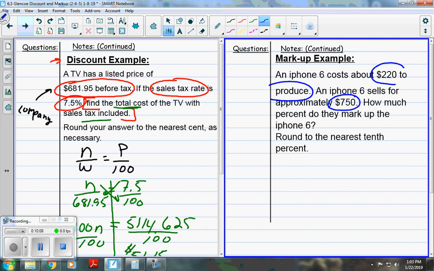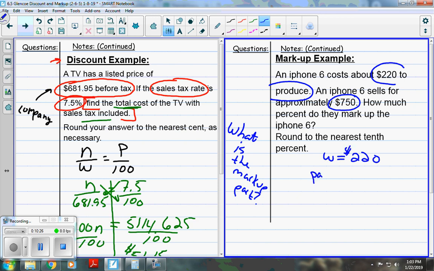So what we actually realize here is, what is the markup part? We actually have to discover that part. And just like other times when we had to discover the part, it's just a little bit of subtraction. The whole cost for Apple to make this is $220.